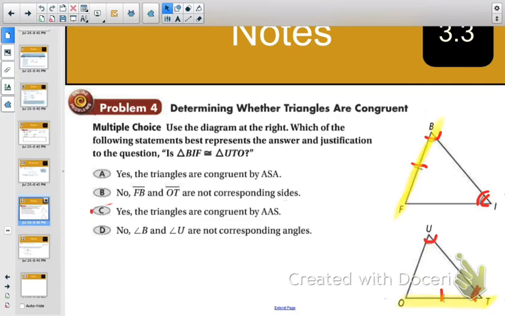The top one here, the angle that it's touching is the first one. It's the 1 arc. It's B. This angle down here is T, and it has 2 arcs on it. So these are actually not corresponding sides. Even though they're congruent sides, they're not corresponding.